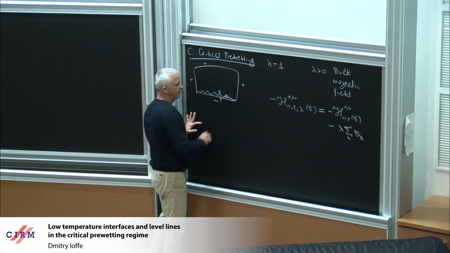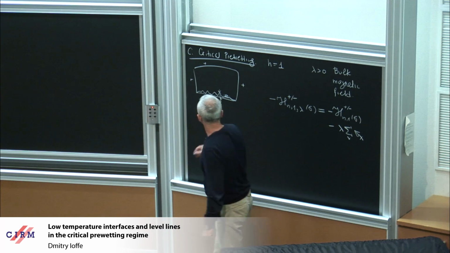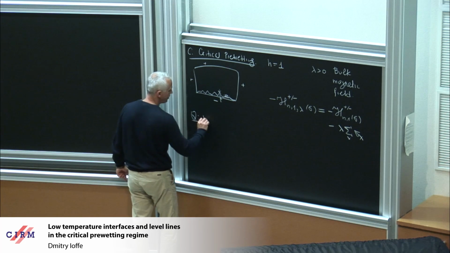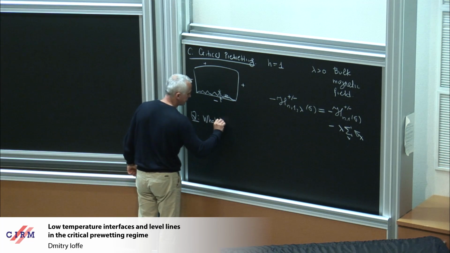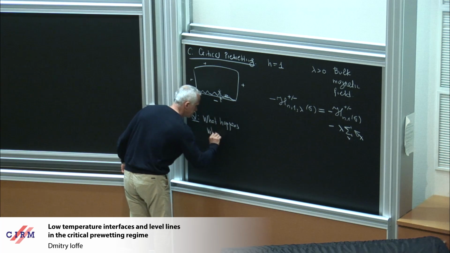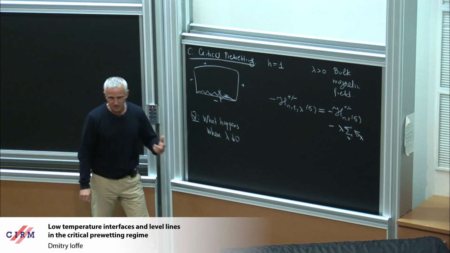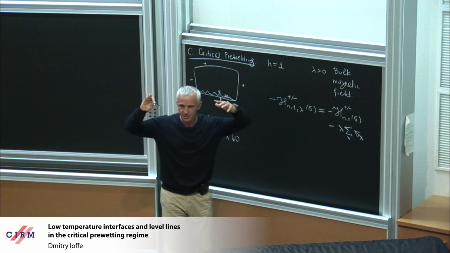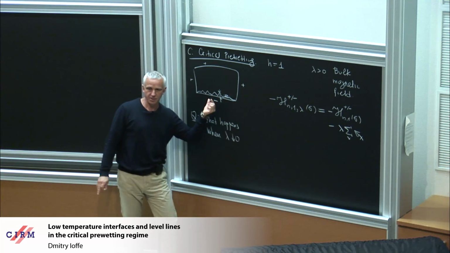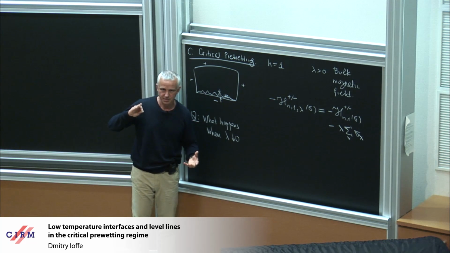The question of critical prewetting is the question: what happens when lambda goes to 0? What happens at lambda 0? We know the interface flies up. So the issue is when you fix lambda small, how exactly it diverges.